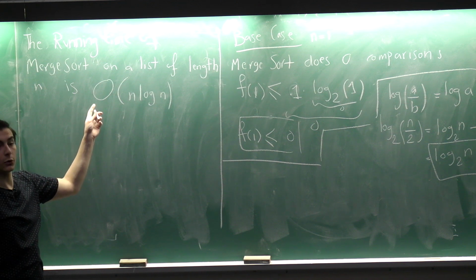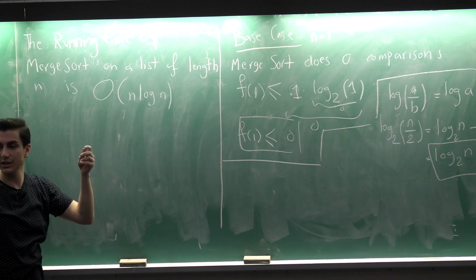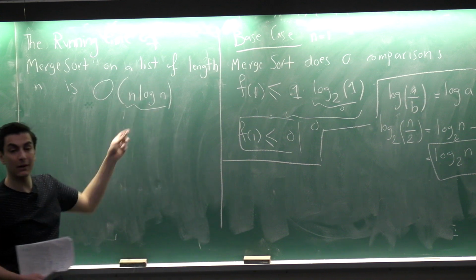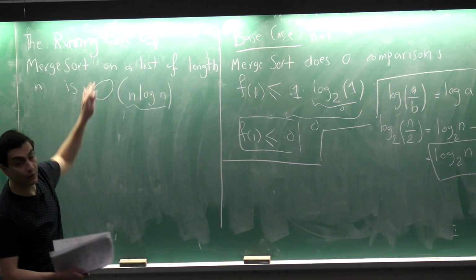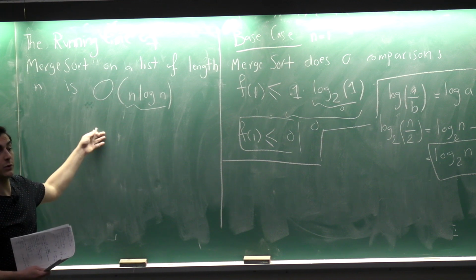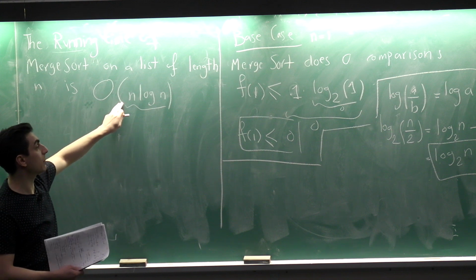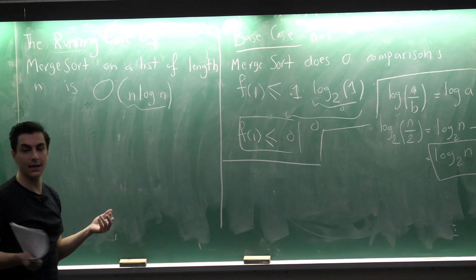This is called big O notation. So this actually means a family of functions, but you can think of it as this is going to be multiplied by a constant, and this will form an upper bound on whatever we're trying to measure. So what we just proved is that the running time of MergeSort is at most some constant multiplied by n log n. So what does that mean?